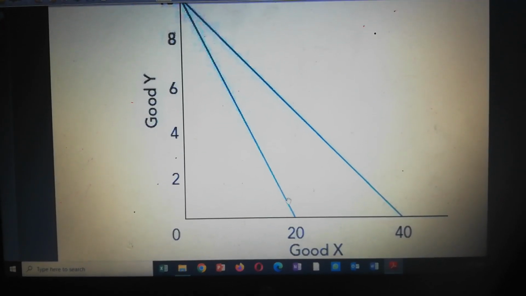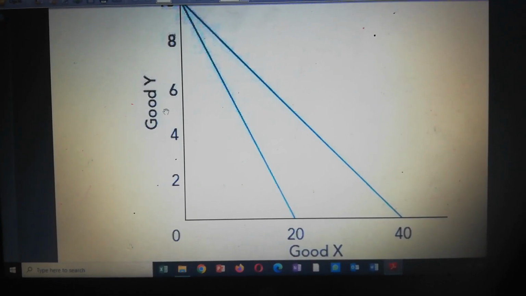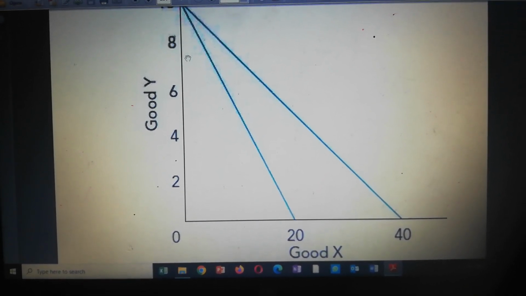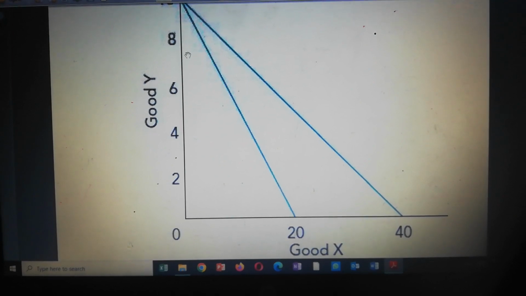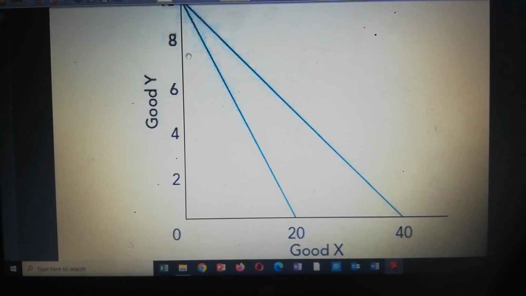But sometimes, let's assume that it was good Y whose price fell. But the consumer did not buy more of good Y. The consumer decided to buy more of good X. The consumer took part of that amount that was saved from good Y and spent it on X. That one is called the substitution effect because the consumer is substituting good Y for good X. So we call it the substitution effect.